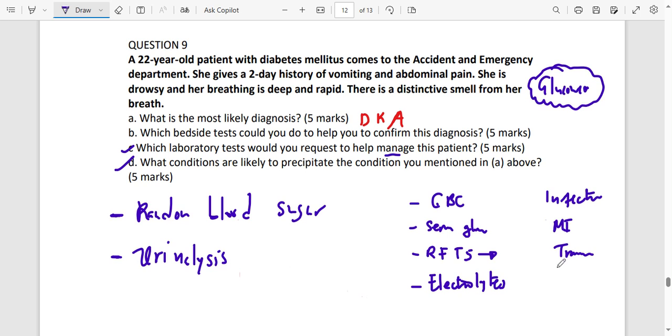Stress, pregnancy also. Remember, in pregnancy the pregnant women are more likely to, you are carrying someone else in the body. So that is meaning we are going to be using up more glucose. Alcohol consumption can also precipitate the condition.